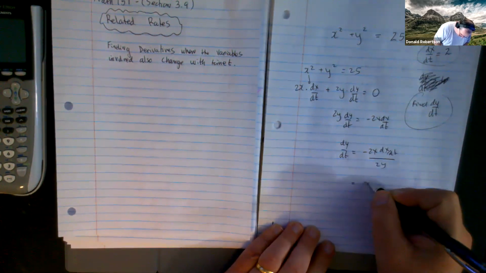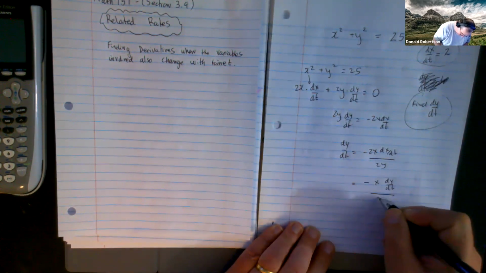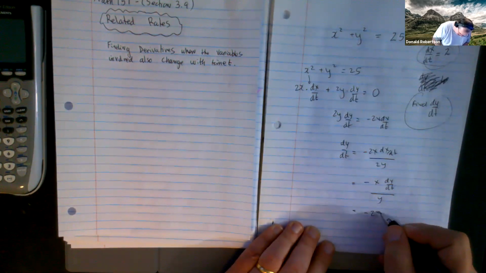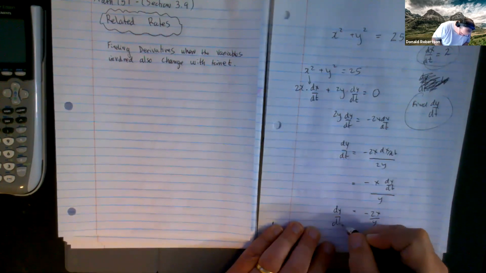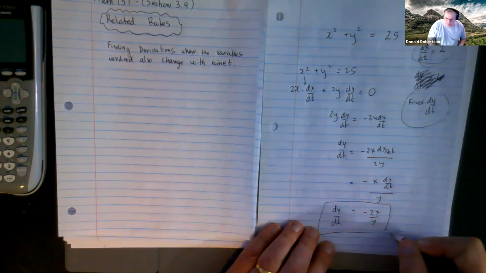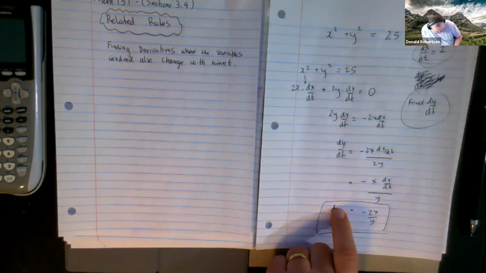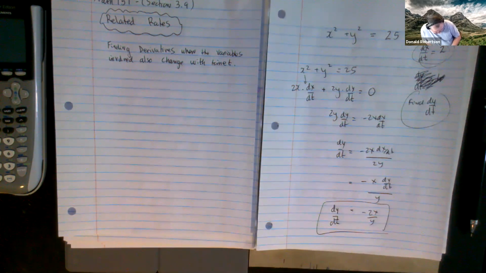And then you make it look pretty. There's your formula for calculating the rate at which the y coordinates are changing through time. And it ends up being negative 2x over y.